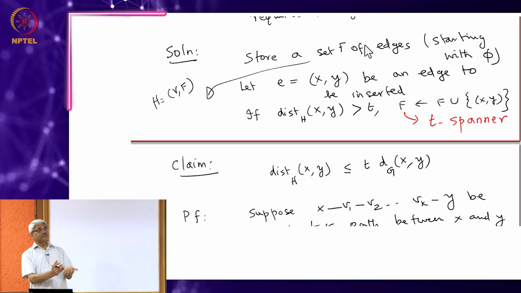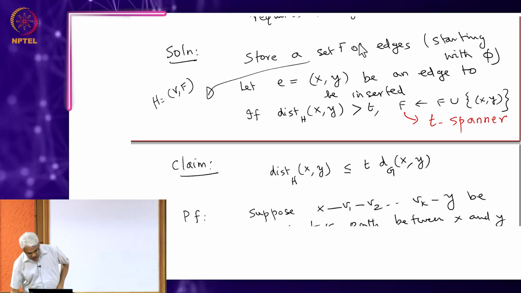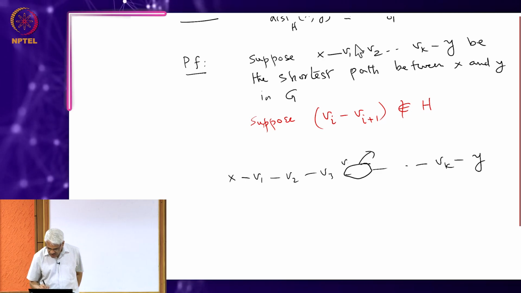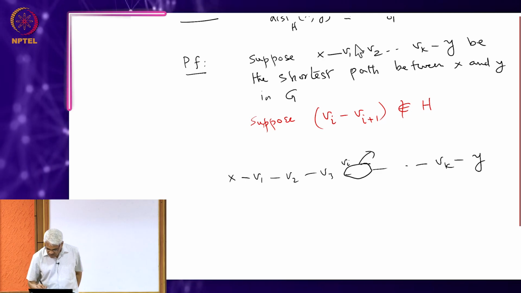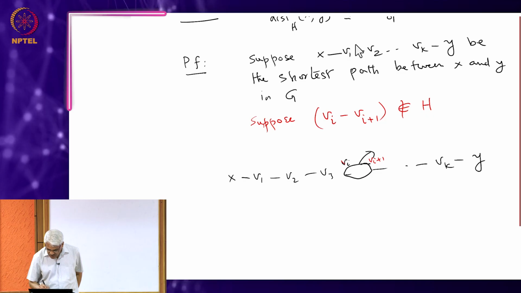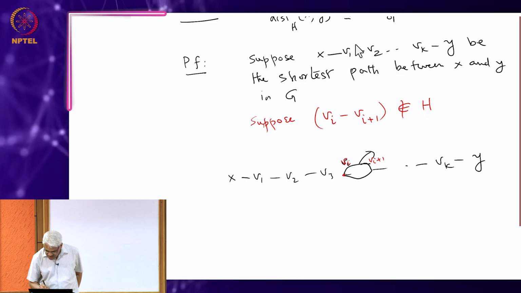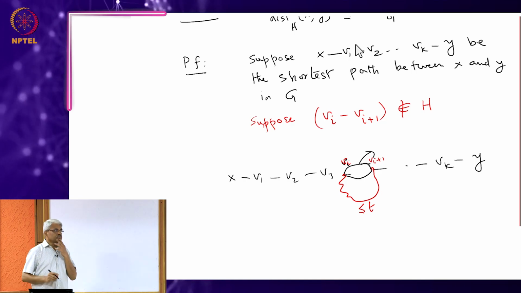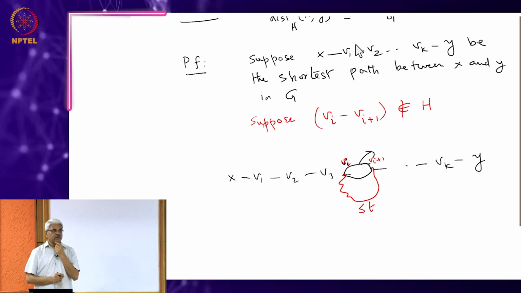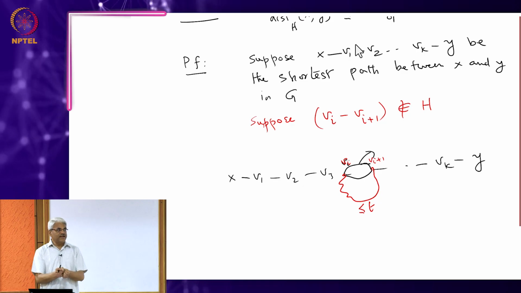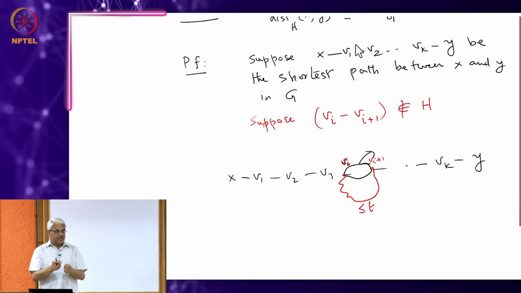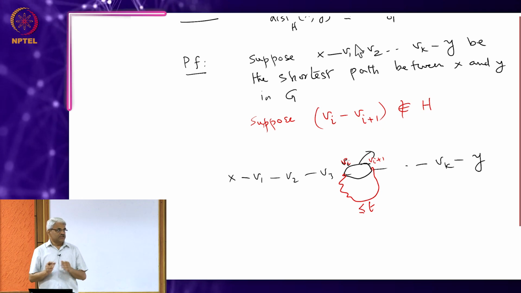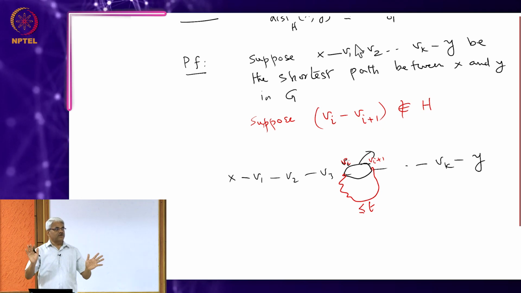The distance might even have become smaller for all you know, but I know that this edge v_i to v_{i+1} may be missing, but there is a path of length at most t in H between these 2 points. So for every edge which may not be in H, there is a path of length at most t sitting there in H. That's the end of the argument.